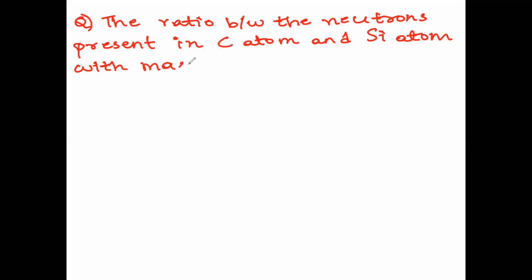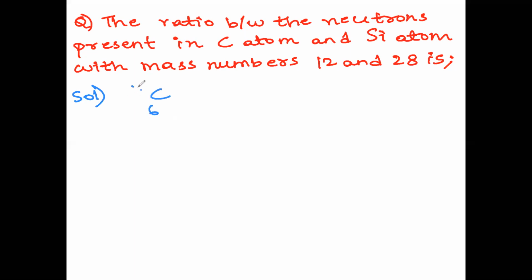Here I am not giving options, straight away we will find out the answer. Carbon is 12 and silicon is 28. So we have to find the ratio of the number of neutrons. First we'll find the number of neutrons in carbon atom as well as silicon atom. Carbon 12 means carbon atomic number is 6 and mass number is 12. Carbon 6, 12, and silicon 14, 28.